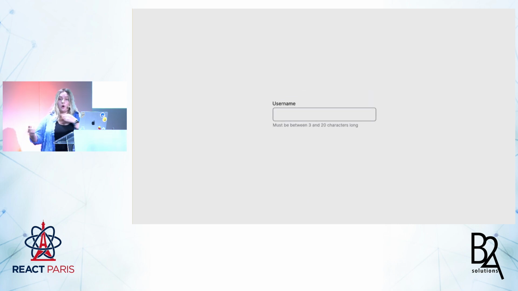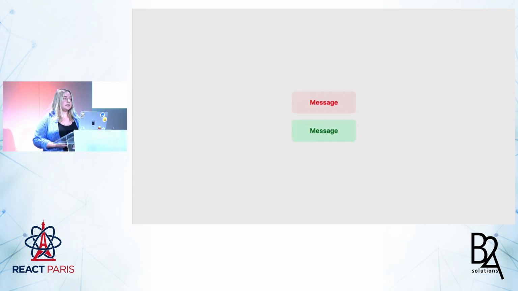Now that we've turned off the native HTML validation, we need to implement our own. It is important how we surface errors to the users, and it can have a big impact on the user experience. So let's say you want to display an error message underneath the input like this, and there is one gotcha about error messages in general that I wanted to cover, and it is about using color.